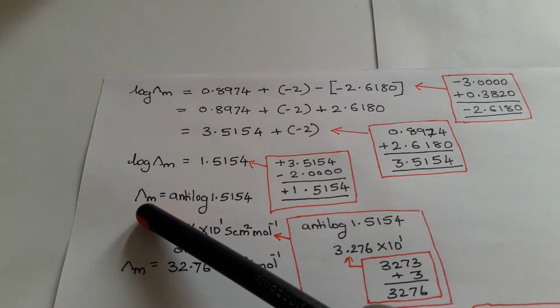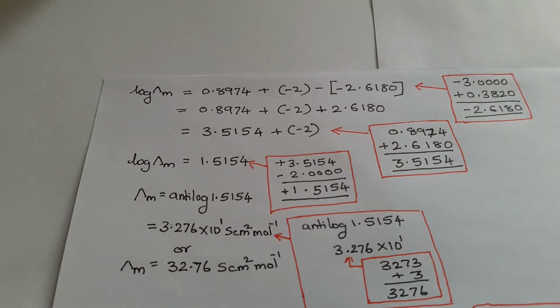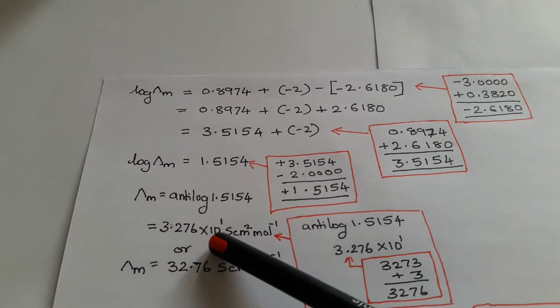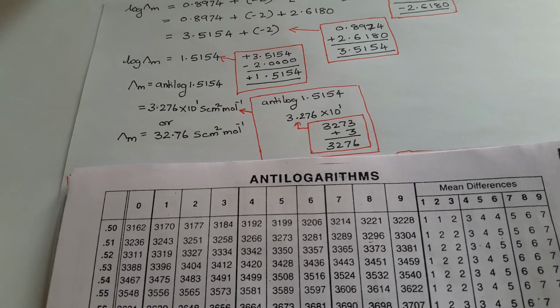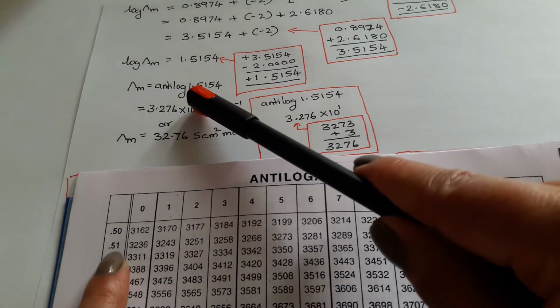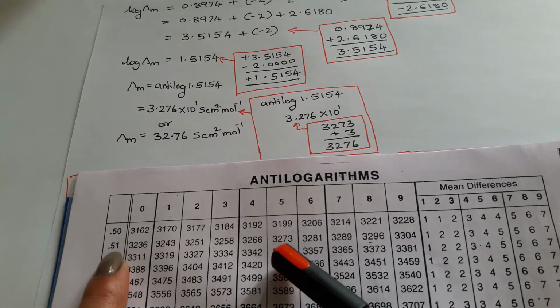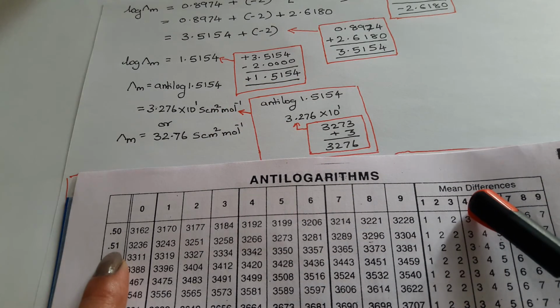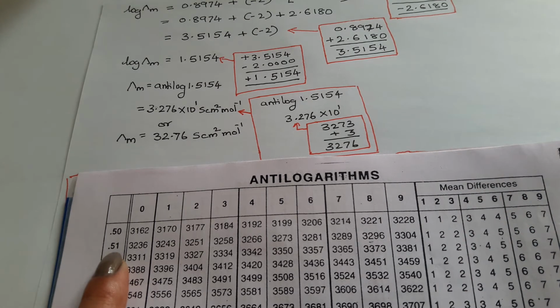To get lambda m, we have to find antilog of 1.5154. Here the characteristic is 1, so in the answer we write into 10 raised to 1. In the antilog table, we will see 0.51 under 5. That comes out to be 3273. And mean difference 4, the value is 3.